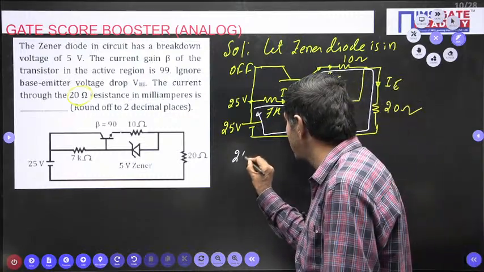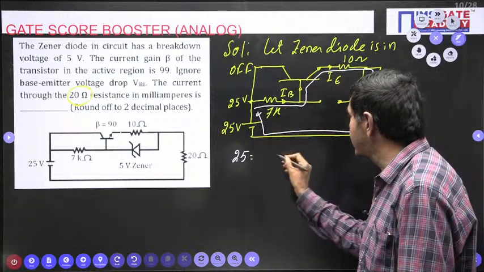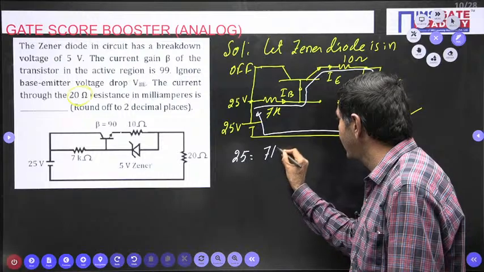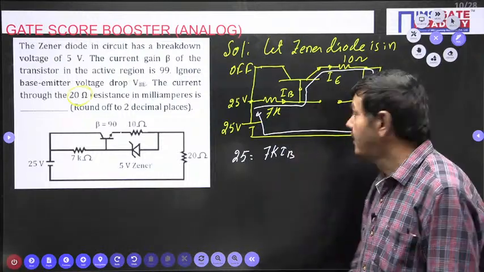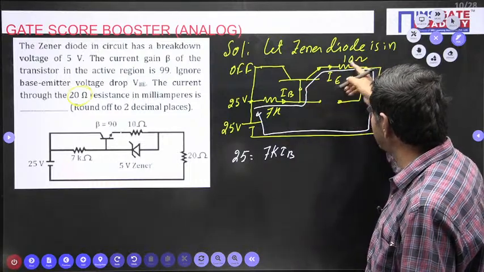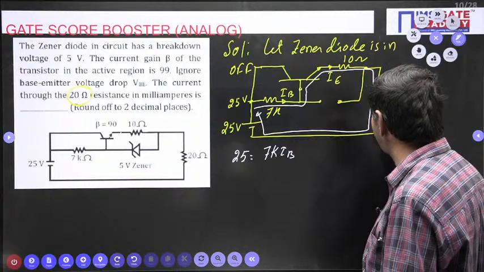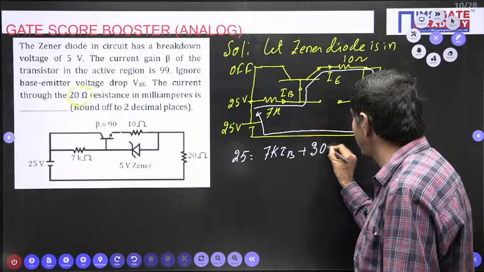25 volts equals, when I go this side, 7K into IB. When I go this side there is no drop, the drop is neglected. So 10 plus 20, 10 and 20 are in series, 30 I can get now, 30 into IE.